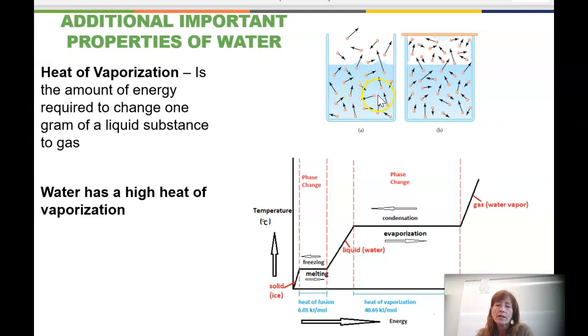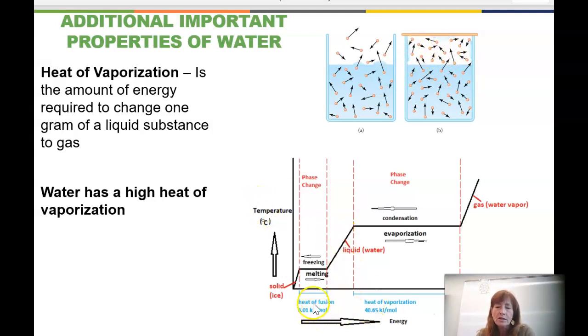One minute they're broken, the next minute they form another one. That's why water is constantly absorbing a lot of heat. So it takes quite a bit of heat to get water to go from a liquid to a gas phase, for those individual water molecules to escape their neighbors and go into a vapor or gas. That's the heat of vaporization.